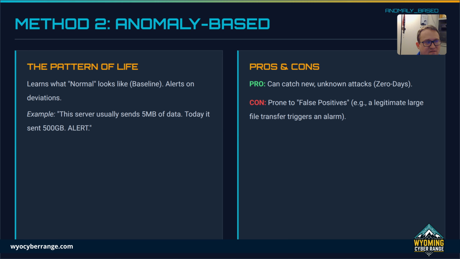Today it sent 500 gigabytes. Well, something's not right here, so it's going to alert us. Now, it's really good because it can catch new, unknown attacks. But the problem is it's prone to false positives. You know, if someone legitimately transferred some large files off of there, it may trigger an alarm, especially when it's not something they do every day.